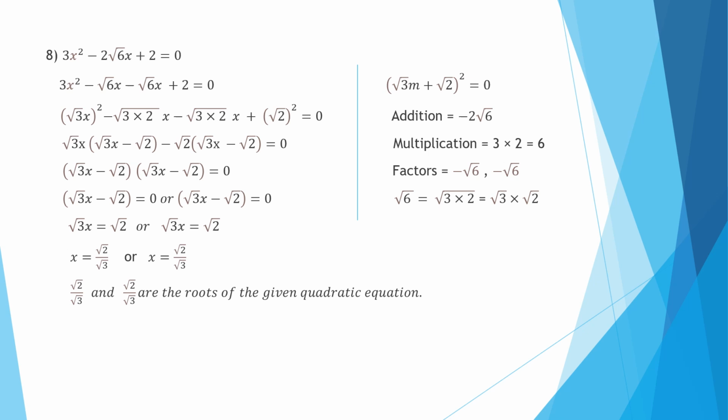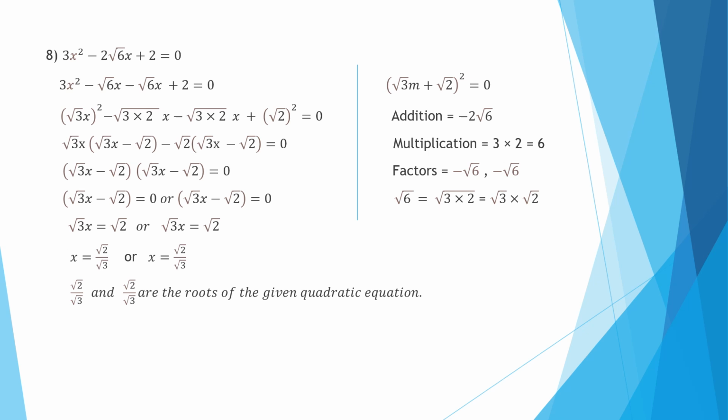Why? Because this is the square of root 3x minus root 2 whole bracket square. Then either root 3x minus root 2 is equal to 0 or root 3x minus root 2 is equal to 0.